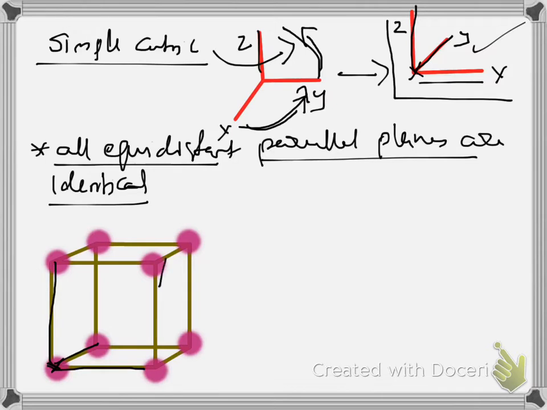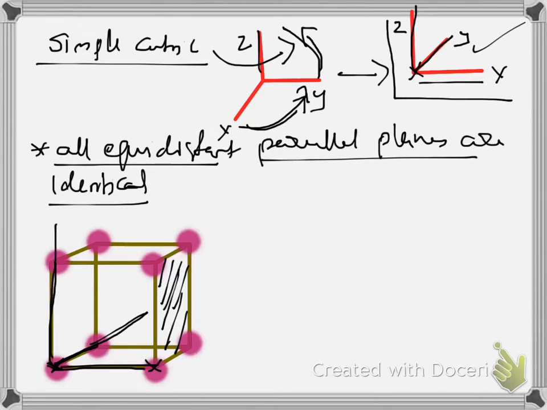Consider this plane. Does it have any intercept on the x-axis? Definitely it has an intercept at this position. Does it have any intercept on the y-axis? No, it does not meet the y-axis; the y-axis goes like this, and it is parallel. It is also parallel to the z-axis.